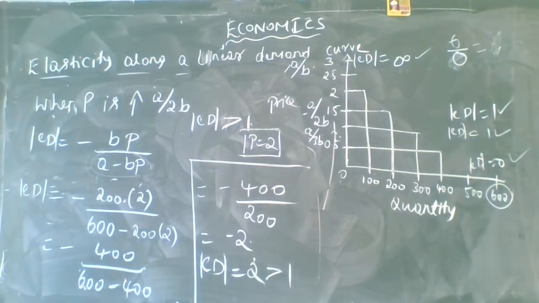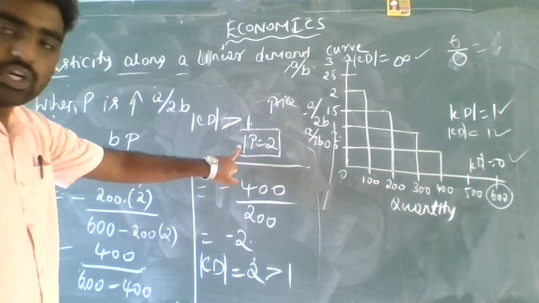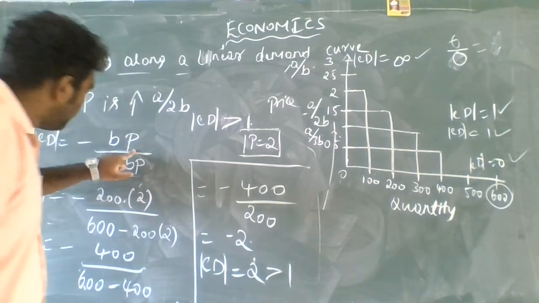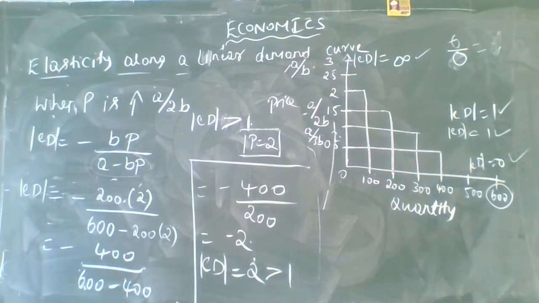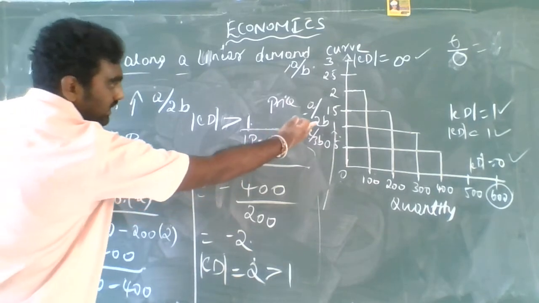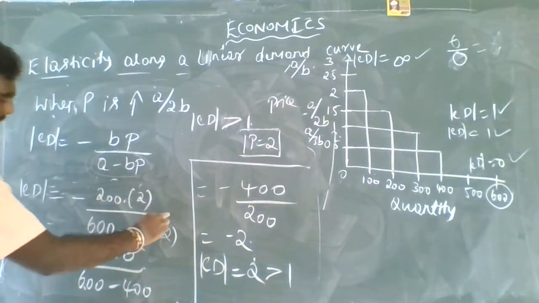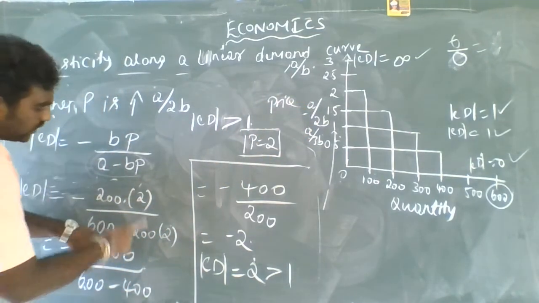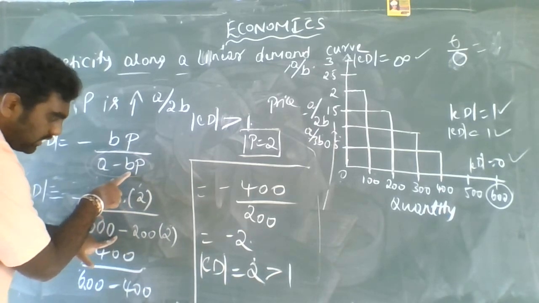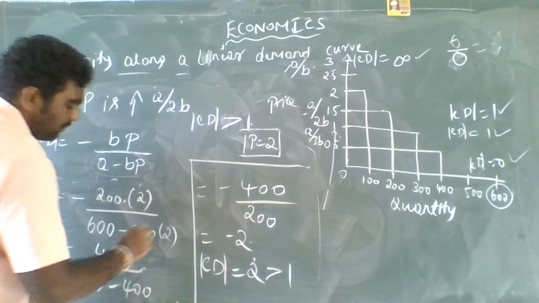So students, here I took the price as 2, and again I use the equation, elasticity of demand equals minus BP divided by A minus BP. Here B is 200, the price was taken as 2, which is greater than A divided by 2B, and A is 600. B is the change in quantity divided by change in price, the slope of the demand curve, into 2, the price taken.